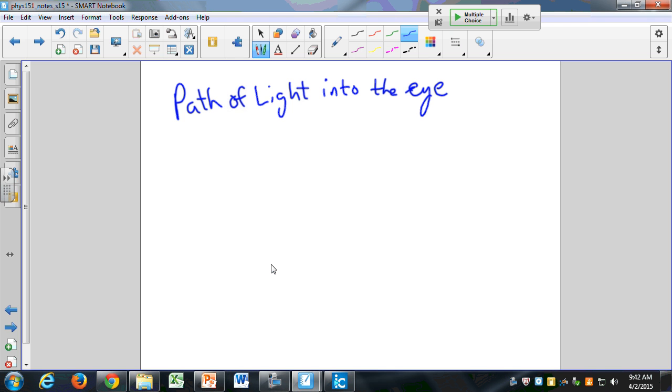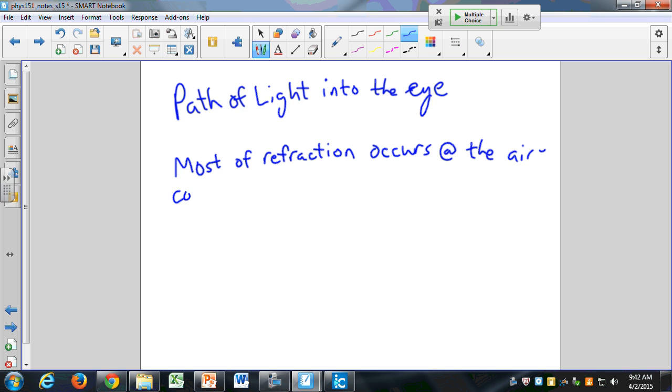That's where most of the bending occurs in the eye, and then the lens just helps to further focus that light onto the retina. So most of the refraction occurs at the air cornea interface, because that's where the indices of refraction are most different.